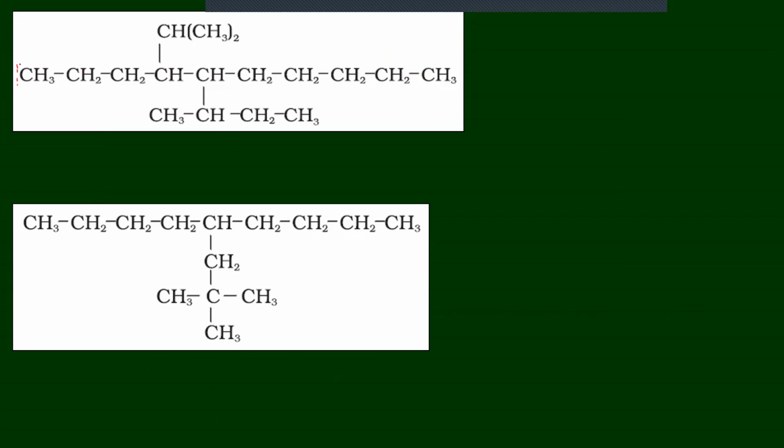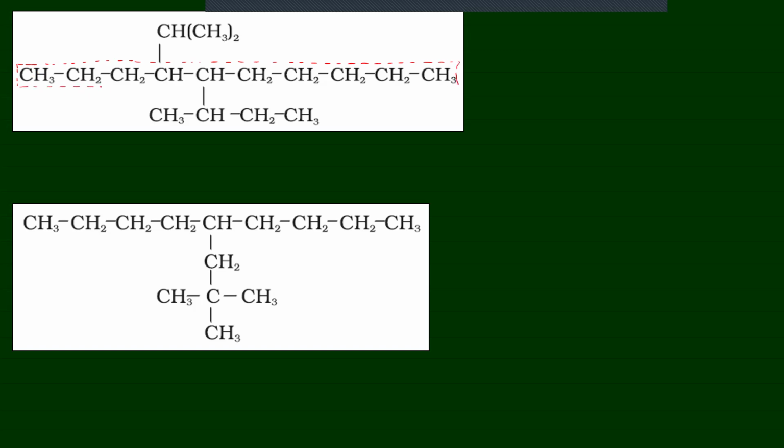And is there any other possibility of 10 carbons or more than that? No. So if you analyze all the possibilities correctly, then you will be able to select the longest chain. Here there was only one possibility of longest chain, so no issues.